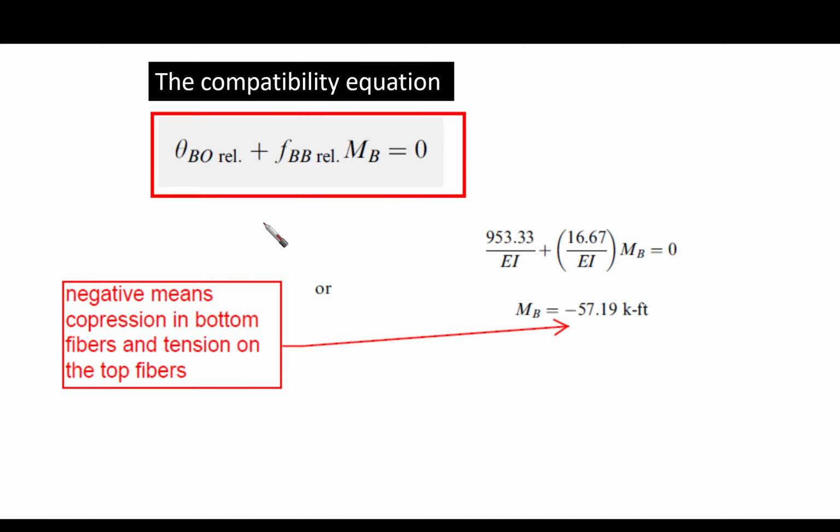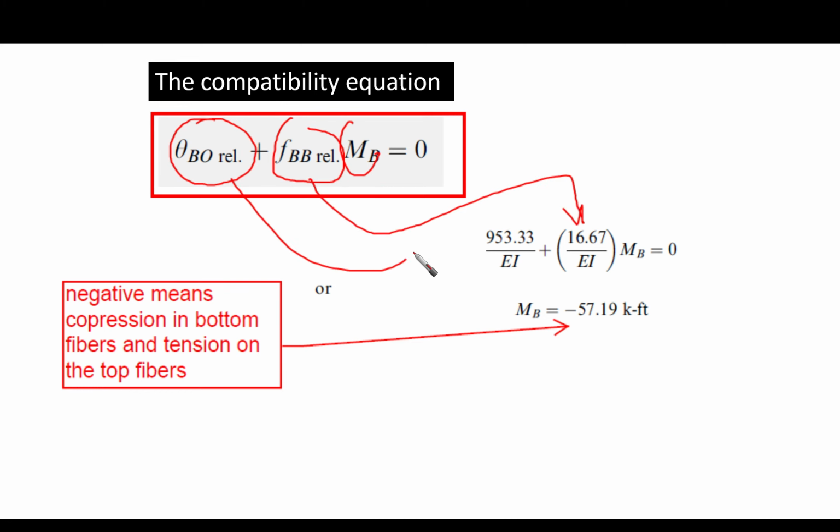Now let's go to the compatibility equation. Remember, this is theta B node relative plus FBB relative times MB. We have calculated FBB in the previous slide, and we calculated theta B node relative two slides before.